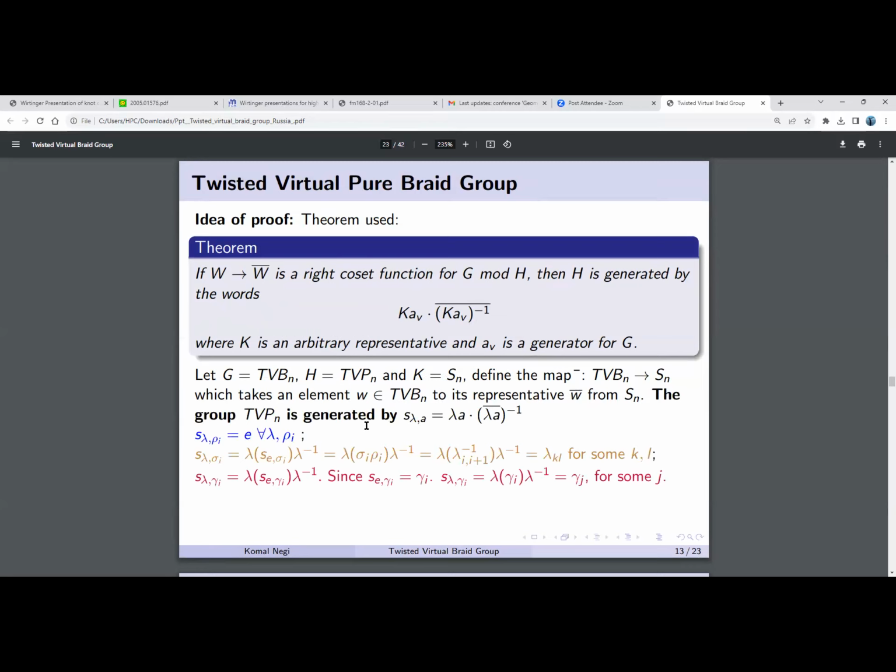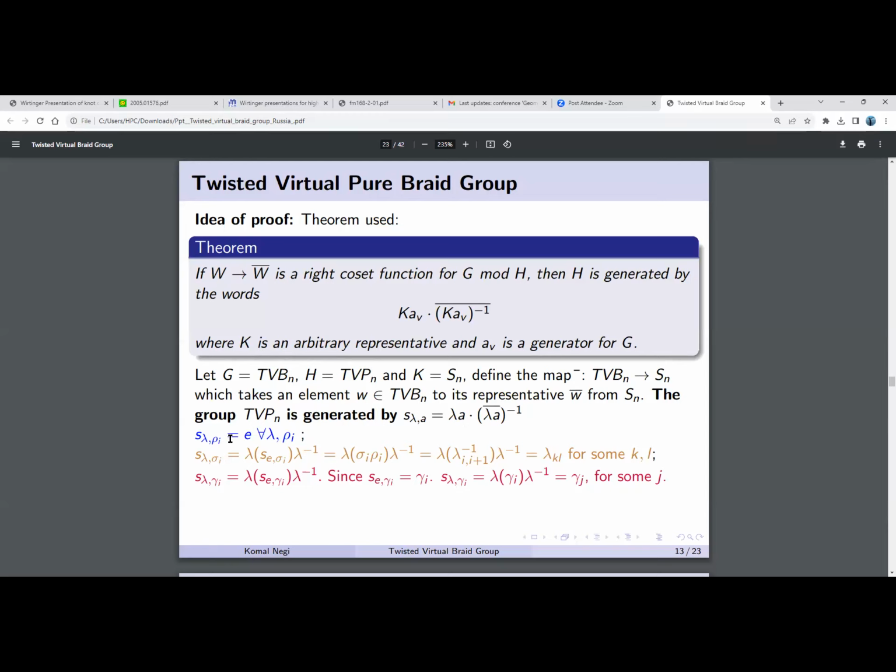So this type of elements will form the generators of TVPn. These elements are lambda a times (lambda a inverse) bar, where lambda belongs to Sn and a belongs to the generators of TVBn. So in our case, we have three types of generators, so three possibilities for a: rho i, sigma i, and gamma i.